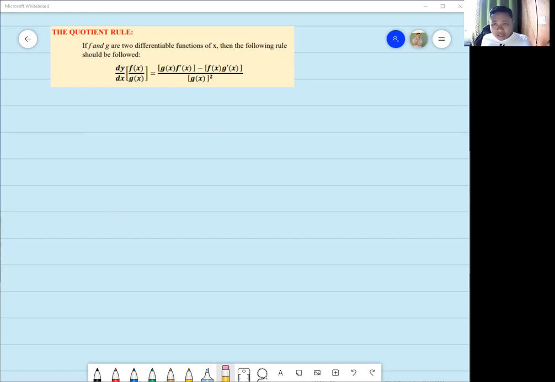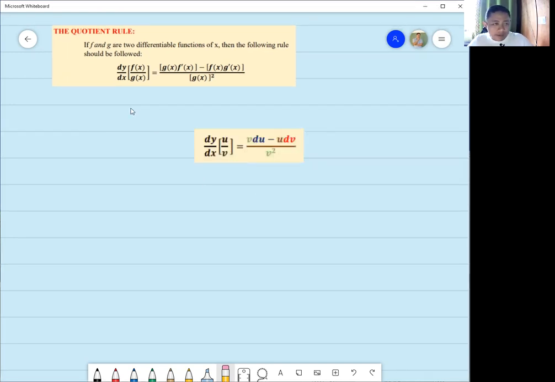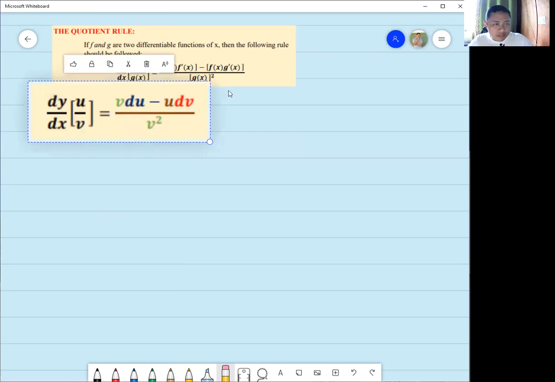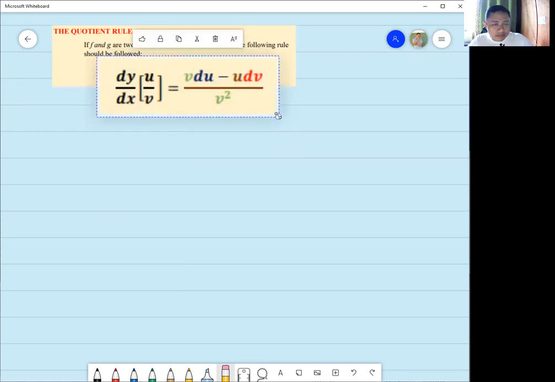Kung sa product mag-a-add, sa quotient ay nagsasubtract. Very good. So instead of using this complicated looking formula, let's just use the V and the U. U and the V. Okay? Here it is. There. I want to focus more on this kasi this is easier to understand than the other one.